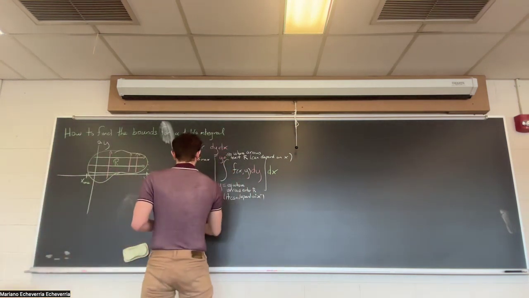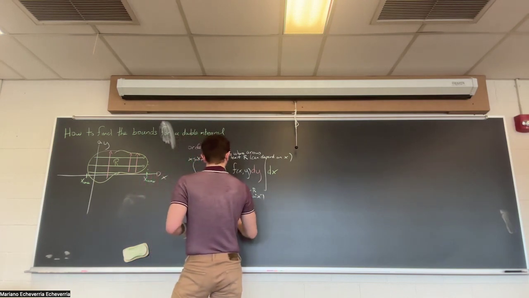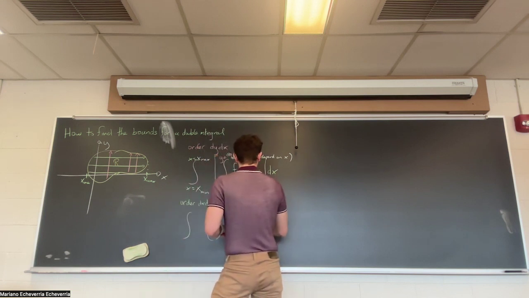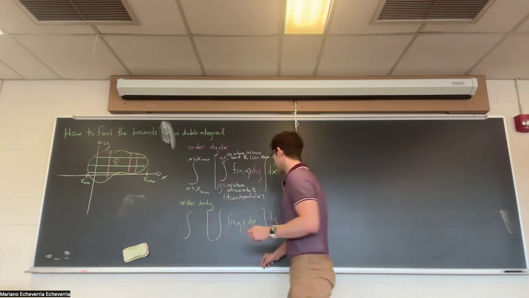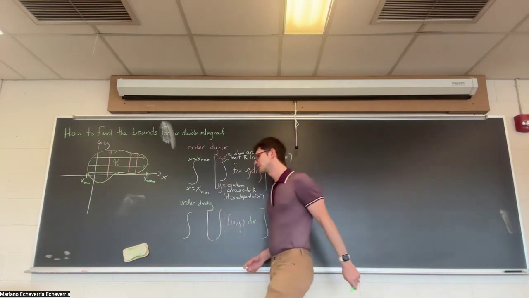So the way the integral looks, you integrate first with respect to x. And because the integral is first for x, the bounds need to read x equals something, x equals something.